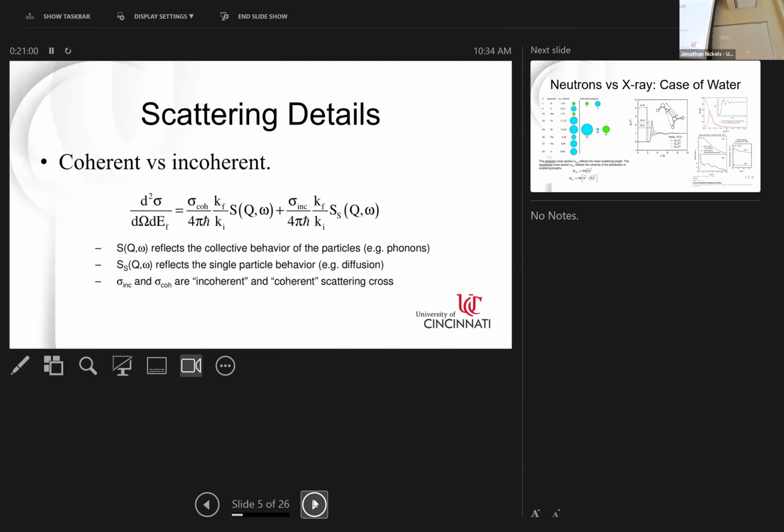Generally, with backscattering and simple inelastic measurements, we're more interested in seeing incoherent scattering. And incoherent scattering you can interpret as self-motion.